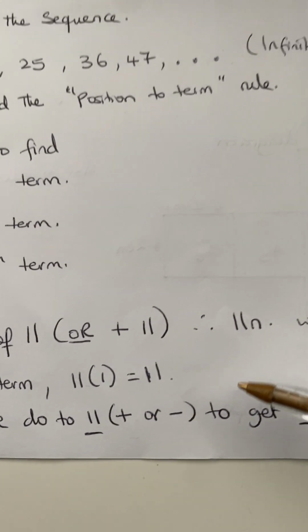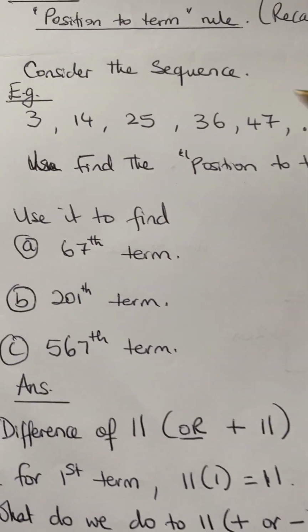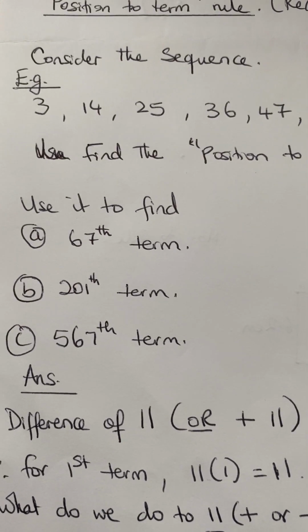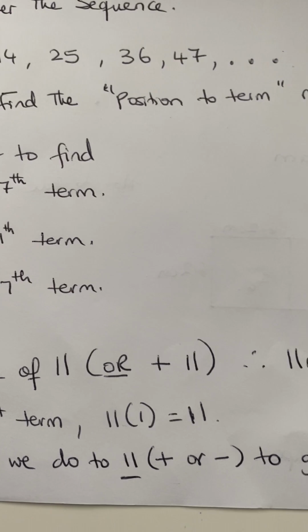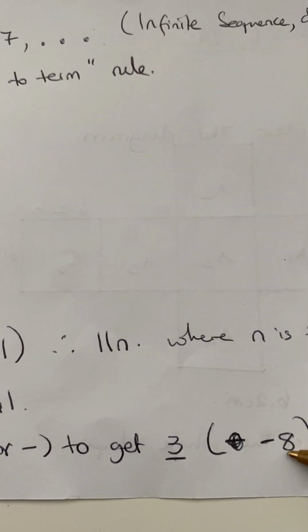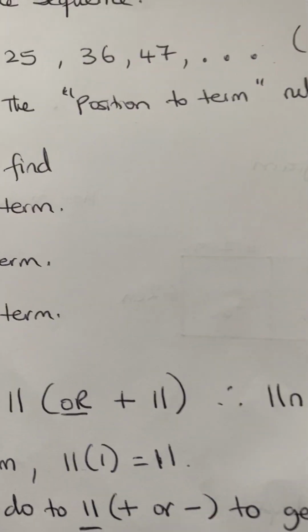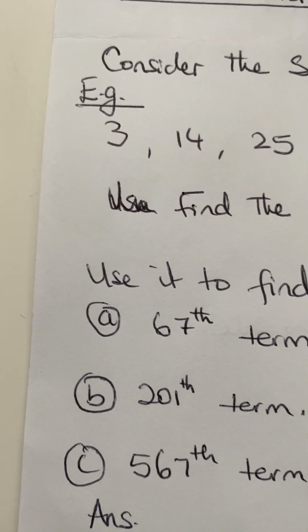Now what do we do to 11 to get 3? Look at it. What would you add or subtract from 11 to get 3? You need to take away 8. So if you take away 8 from 11, you are going to get 3.